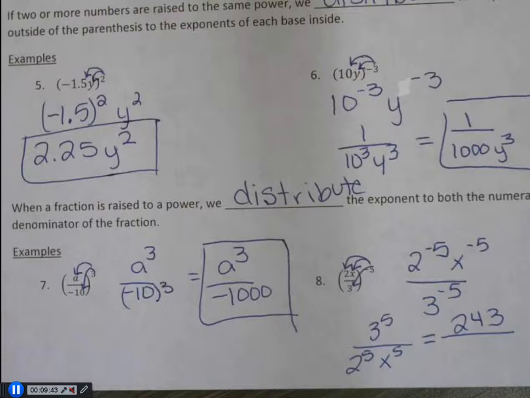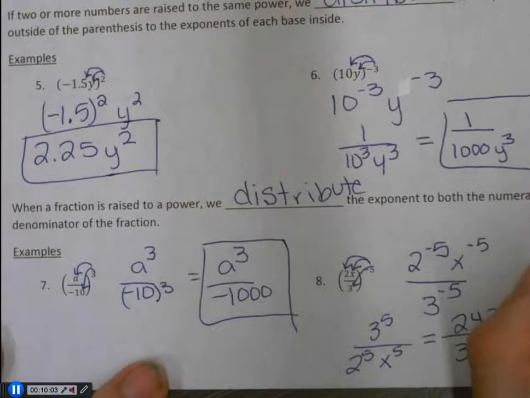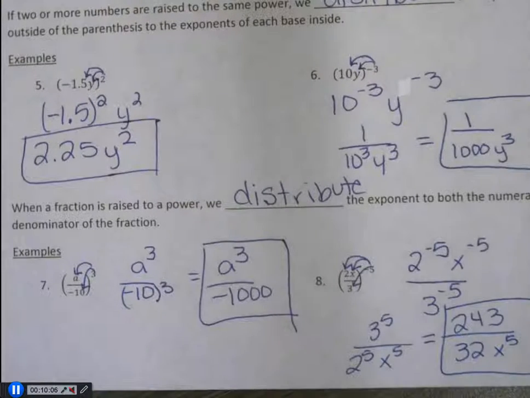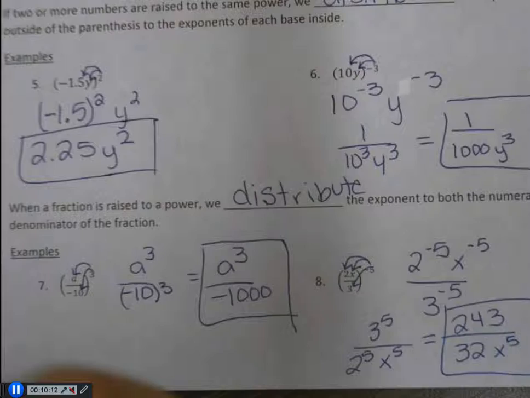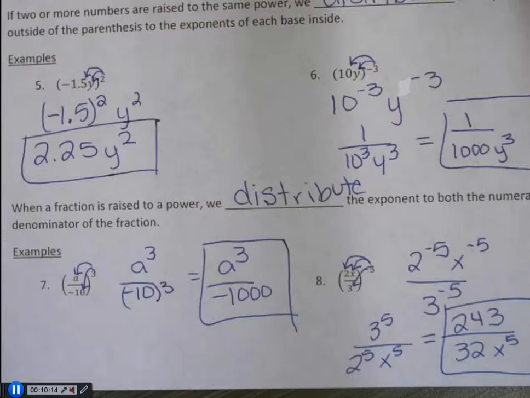And 2 to the 5th power. 64 is one too many. 32. And then x to the 5th doesn't change. I think that's it. Yeah. So, are there any questions here? Okay, so work on the 8 on the back.